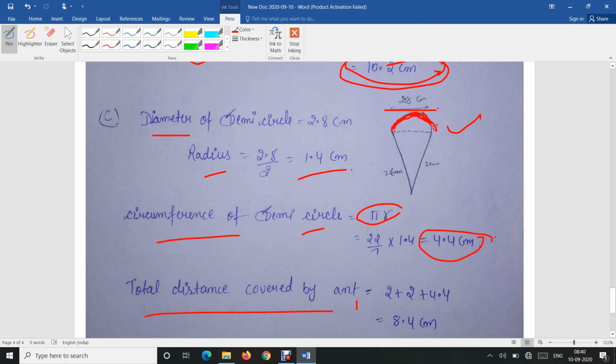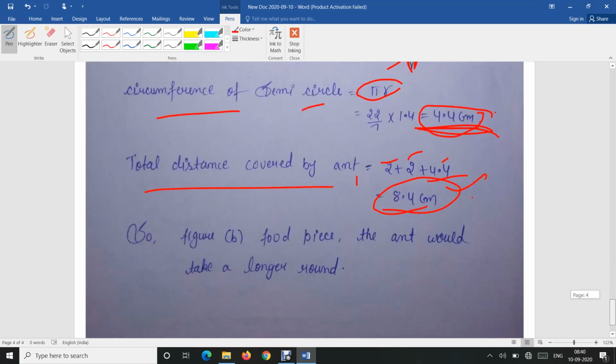First is the circumference of this semicircle, 4.4 centimeter. Then the length of this line, which is 2 centimeter, and also the length of this line, which is 2 centimeter. So 2 plus 2 plus 4.4 is equal to 8.4 centimeter. So the total distance covered by the ant is 8.4 centimeter in the third case.